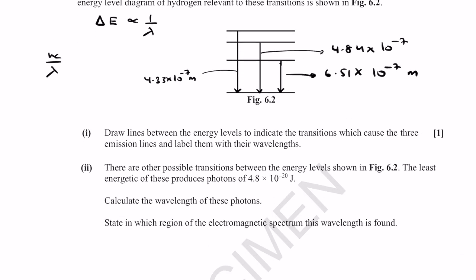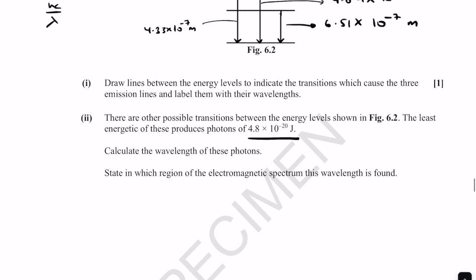For part II, it says there are other possible transitions between the energy levels shown in figure 6.2. The least energetic of these produces photons of this much energy. Calculate the wavelength of these photons and state in which region of the EM spectrum this wavelength is found.